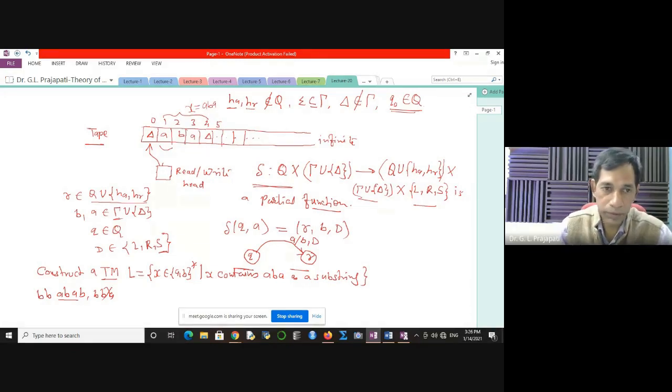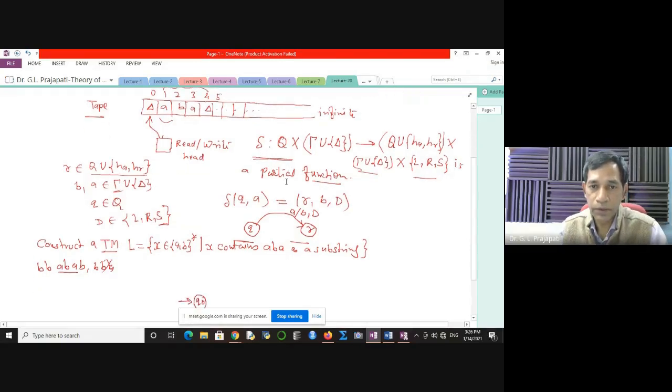So at the beginning we have the initial configuration. Your machine starts from the initial state Q0, and the tape head is at square 0, and immediately after square 0, after the blank, you have the input.